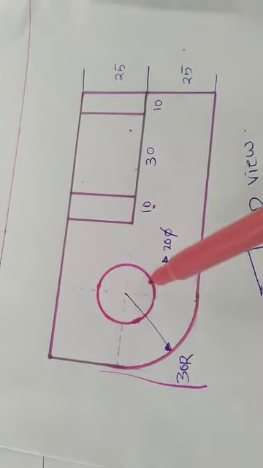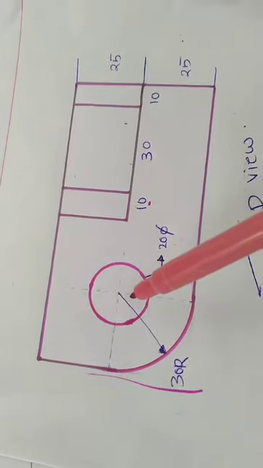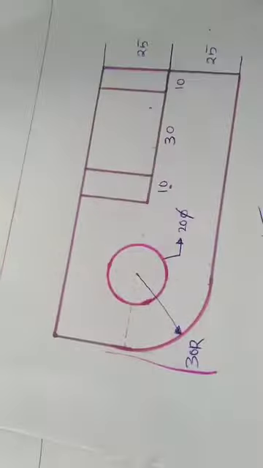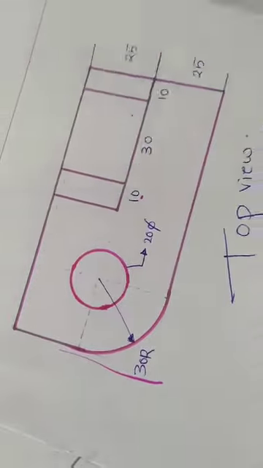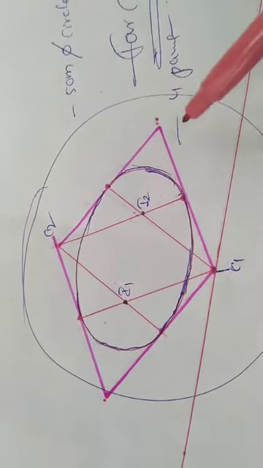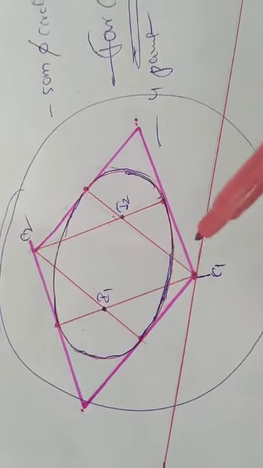This is 50, this is 50. We have a 50 side square box.